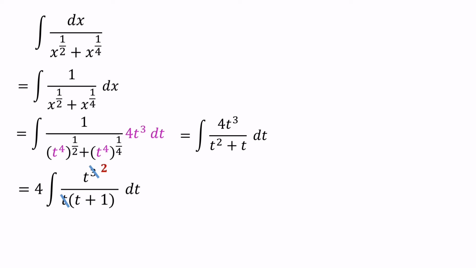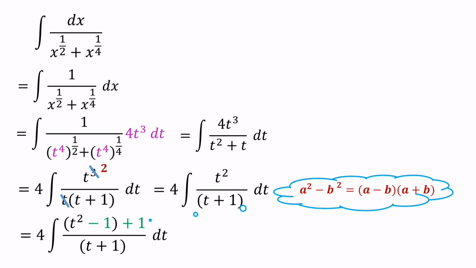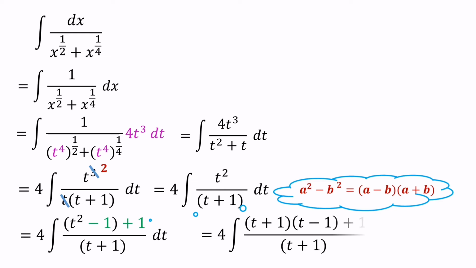Now for the t squared term, we can subtract 1 and add 1. Then t squared minus 1 we can factorize as t plus 1 into t minus 1. Then we can divide these terms separately.